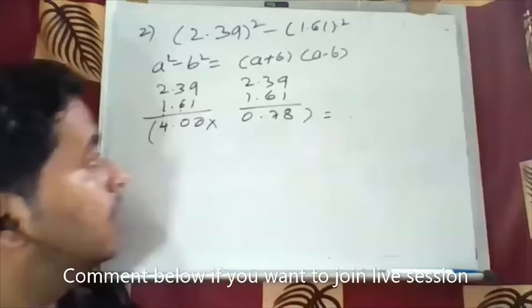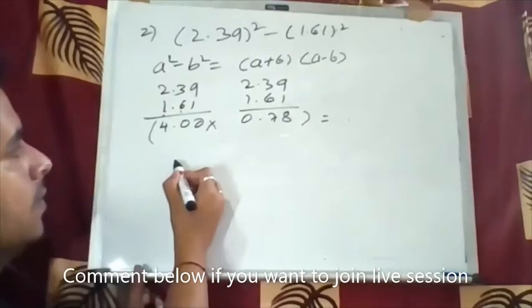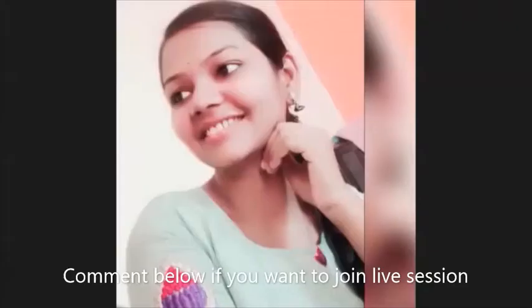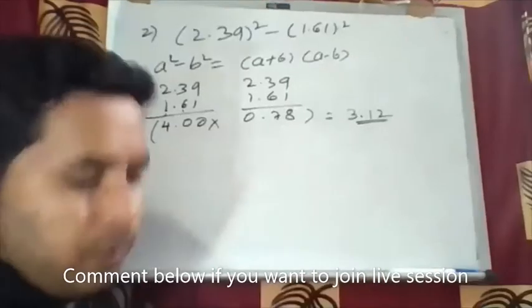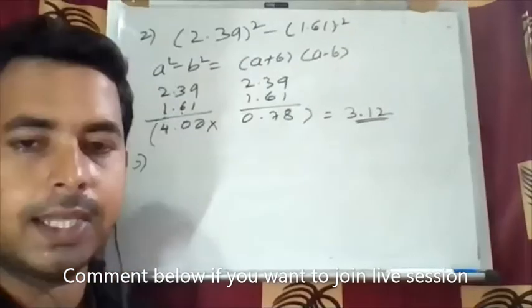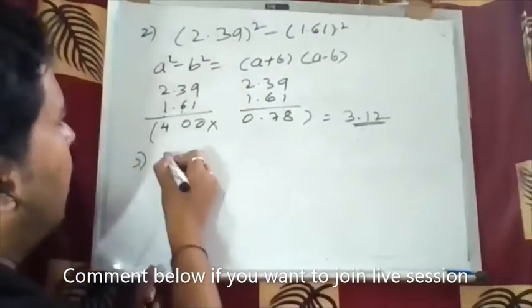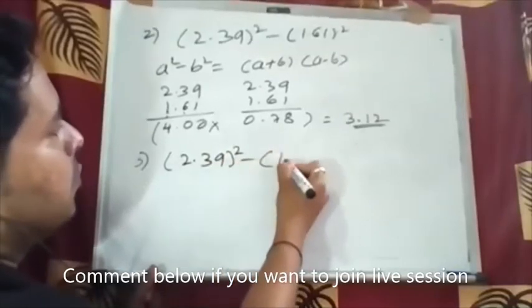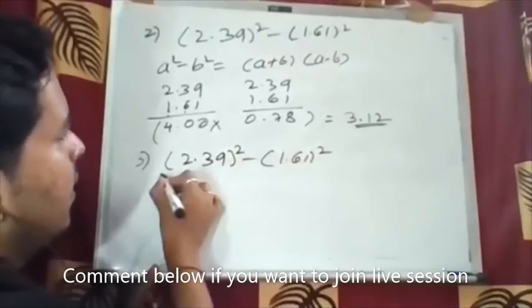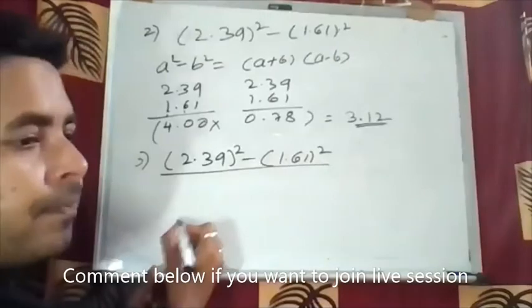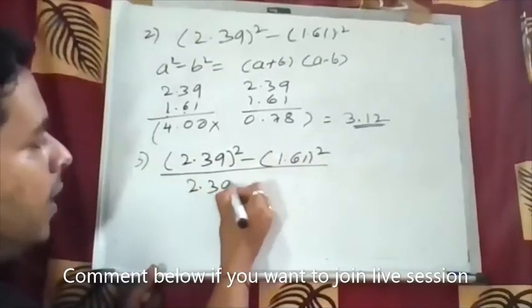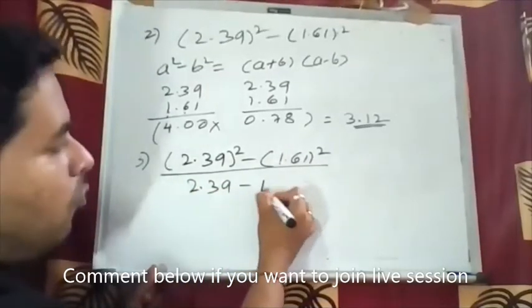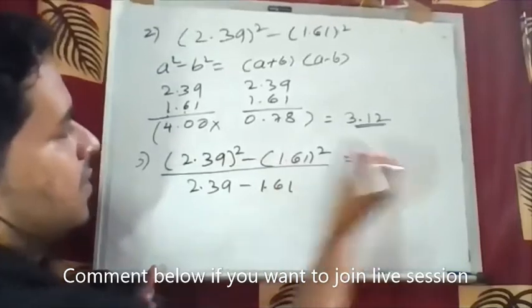Same way, 2.39 square minus 1.61 square divided by 2.39 minus 1.61.